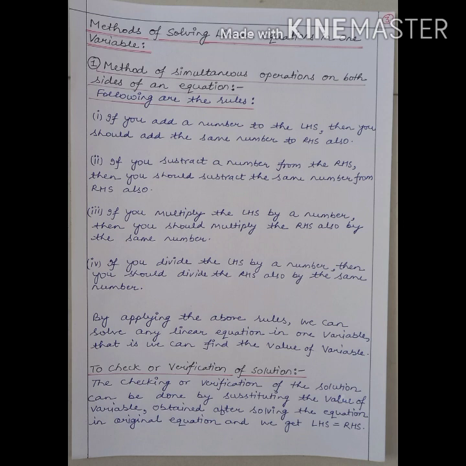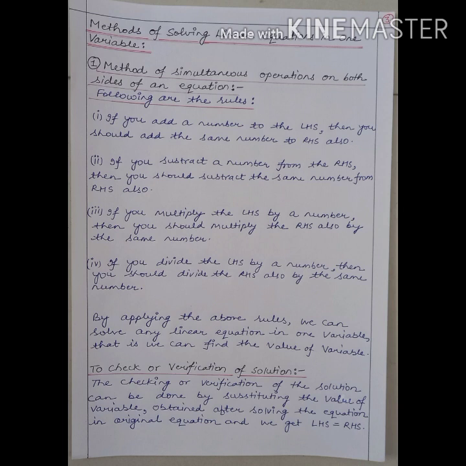First, if we add any number to the left hand side, then we should add the same number to the right hand side. If we subtract a number from the left hand side, then we should subtract the same number from the right hand side also. Similarly, if we multiply the left hand side of the equation by any number, then we multiply the right hand side by the same number also.